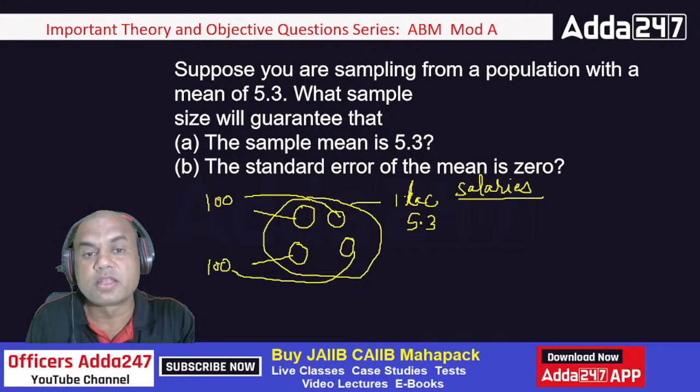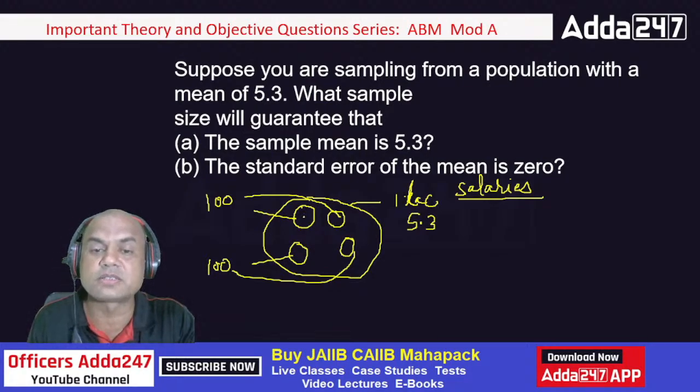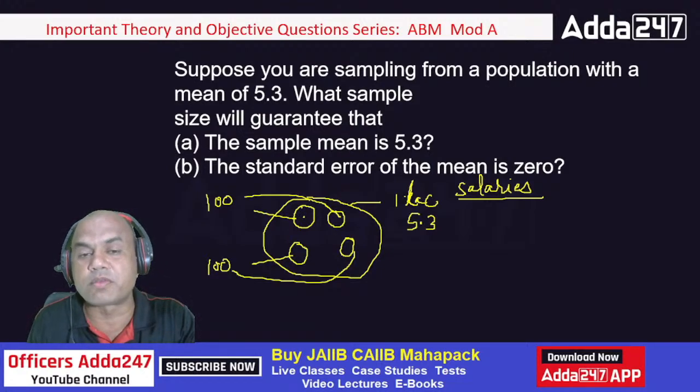Now what do I want? The sample size that will guarantee the sample mean is also 5.3. If I take the average of the averages of all these samples, it should also come out to be 5.3.